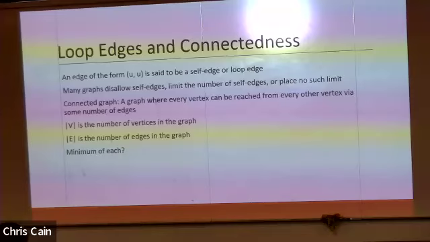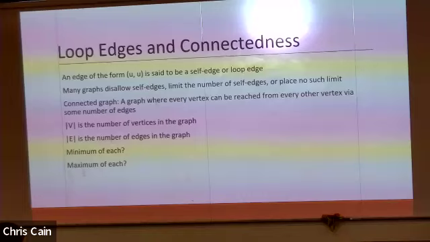Is there a minimum number of edges? Is it less than the number of vertices, if we wanted a connected, undirected graph? But as we saw on the first slide, vertices can stand alone with no connections whatsoever. So the minimum number of edges in a graph is actually 0.